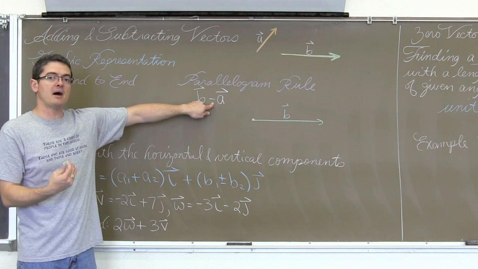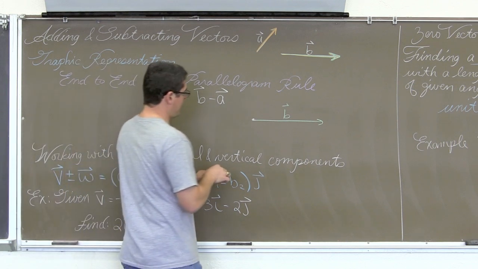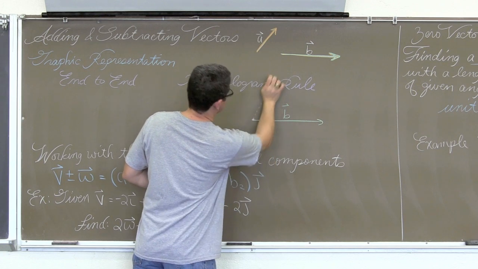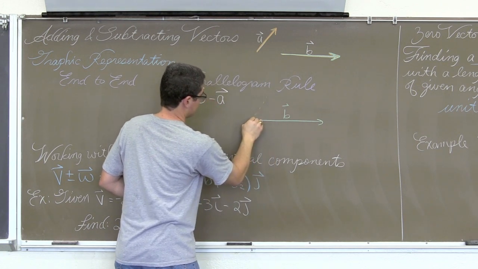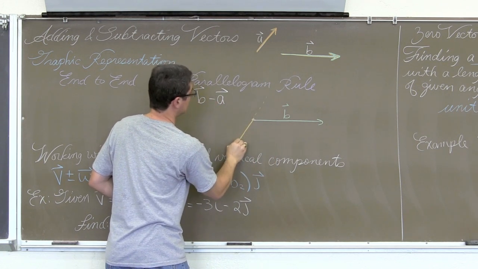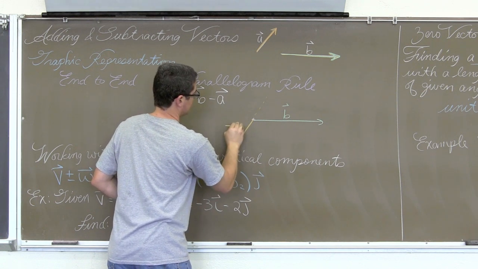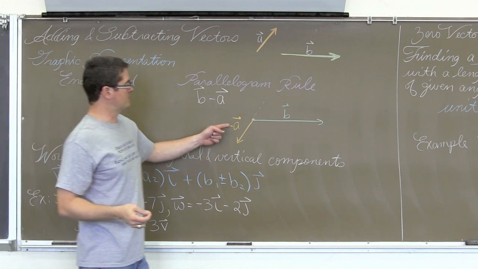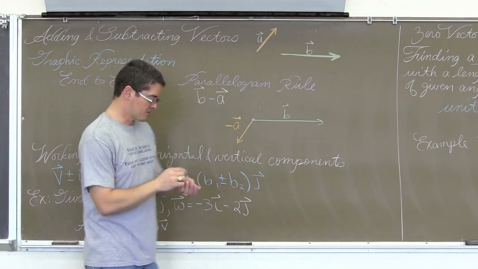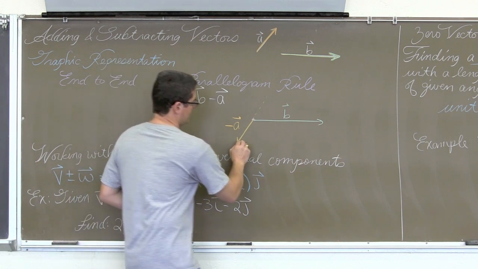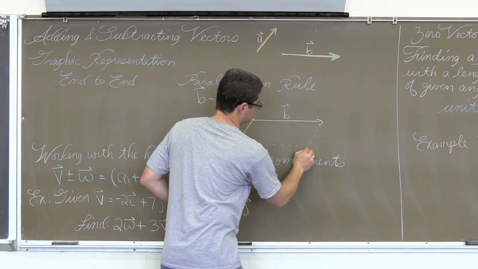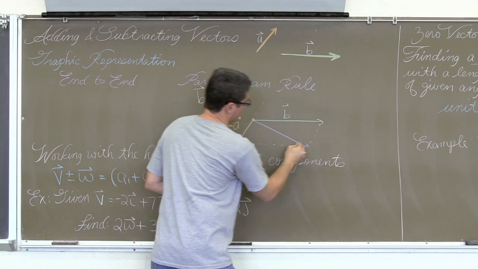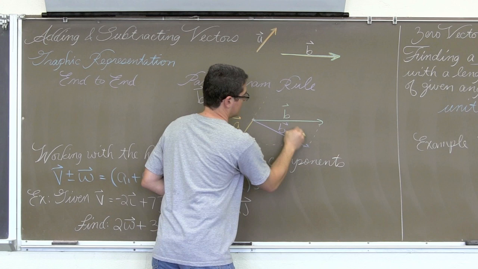It's negative A instead of positive A. So instead of drawing A out in this direction, I'm going to draw it in the opposite direction and at the same length, and let this represent negative A, or the opposite of vector A. I think I forgot to put the little negative sign on the opposite vectors I just talked about a minute ago. And then we're going to draw a parallelogram and draw a diagonal through that parallelogram, and that's going to be my resultant.